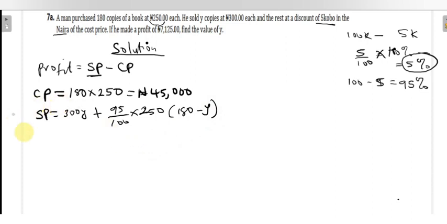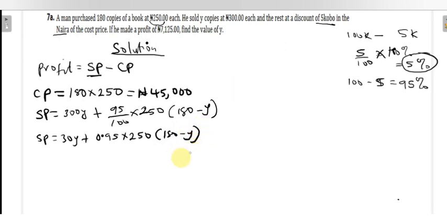So the selling price will be equal to 300Y plus, if I divide 95 by 100, that's going to give us 0.95 times 250 into 180 minus Y. So we can just work this out.